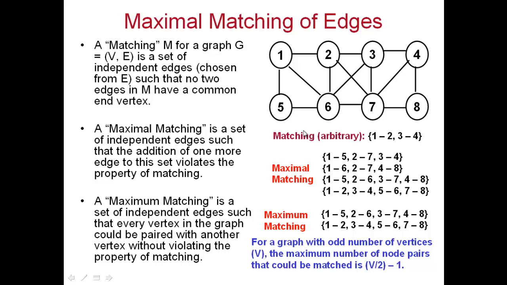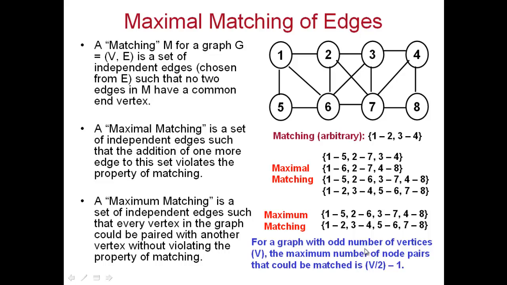So that means if your graph has say v vertices, v means the number of vertices, then if the matching that you come up with has v over 2 edges, and given that v is an even number, so in this case v is 8, v over 2 is 4, and the last 2 matchings have 4 edges, which is equal to v over 2, then we can say we have found the maximum matching for the graph.